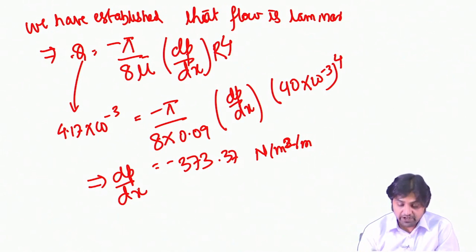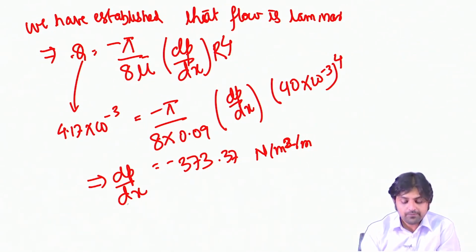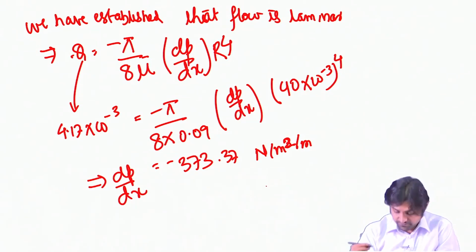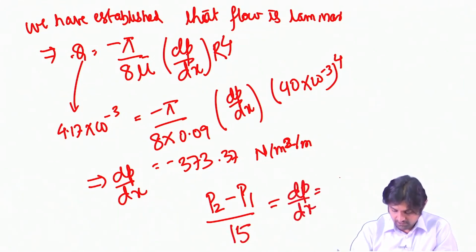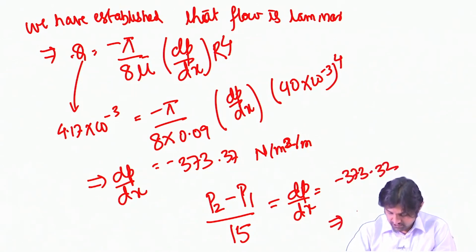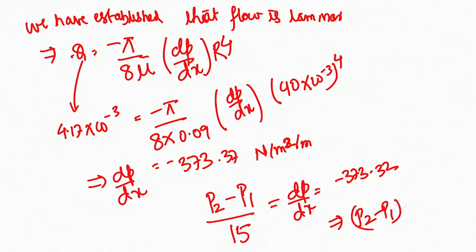So, the pressure difference per unit length is minus 373.32. If we assume P2 pressure at one end and P1 at the other and length is 15, this should be equal to dp dx, equal to minus 373.32, which implies P2 minus P1, the pressure difference between both ends, is minus 5599 Newton per meter square.